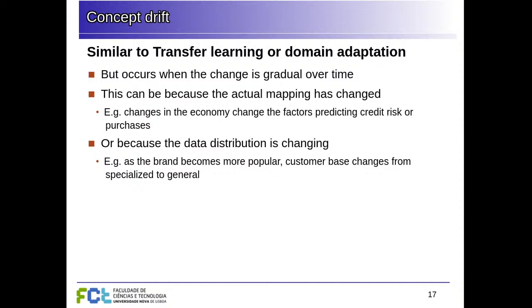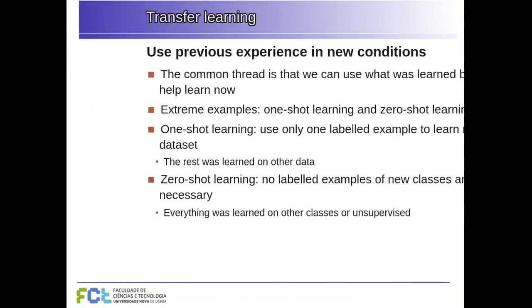So you have, in the case of concept drift, an example of the conditions changing, but you may not need to retrain everything from zero. You can still take advantage of what was learned previously and just adapt it slightly to the new conditions.